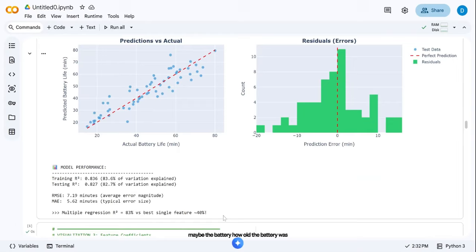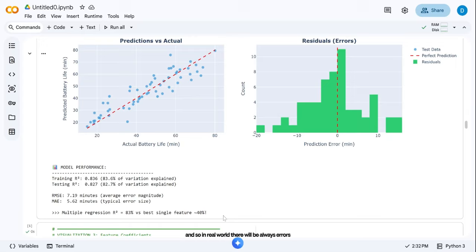Maybe the battery, how old the battery was, that we don't know in this formula, right? If the battery is older, obviously it will have a shorter lifetime. Maybe there was an impact on the rotors of the drone, maybe a little scratch on the rotors or something like that. There are other unexplainable factors that may play a role.